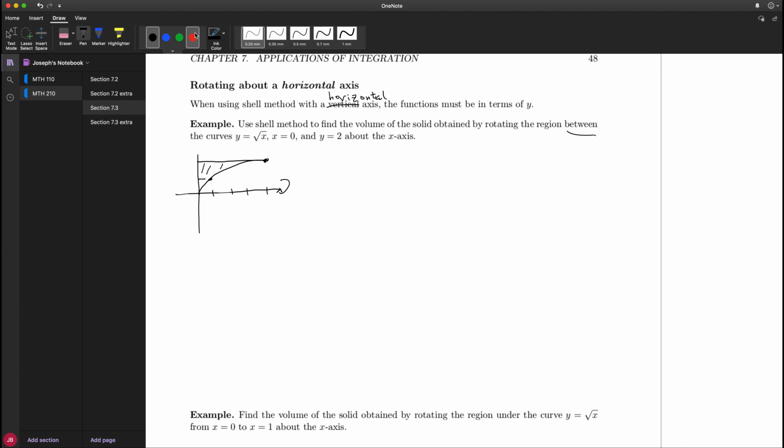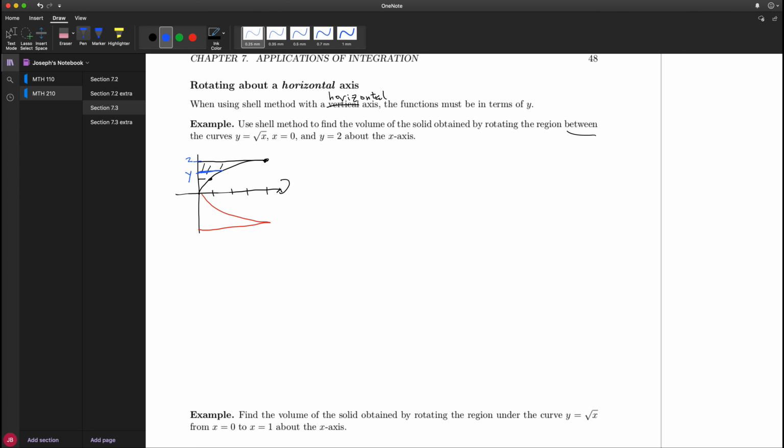Switching to red, what we get is something like that. And in blue, remember, this is up here at height 2. So what we do is pick a y value, because what we need to do is find the cylinder that we'll obtain.